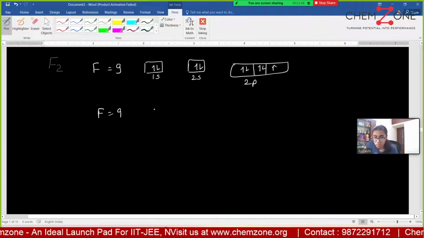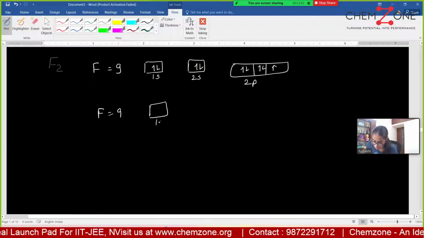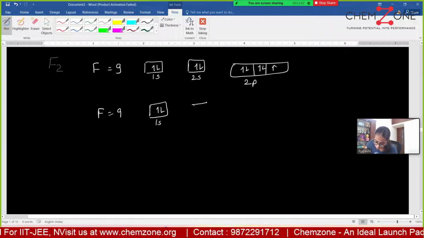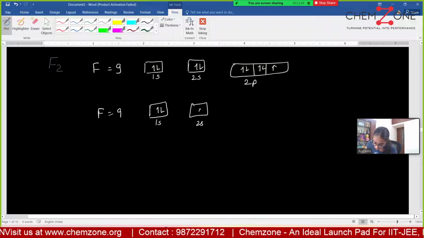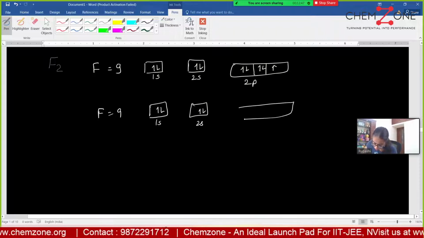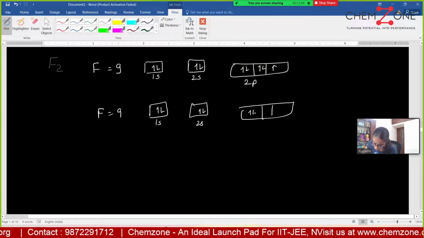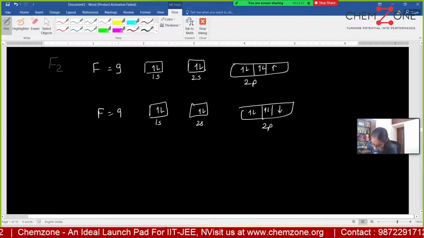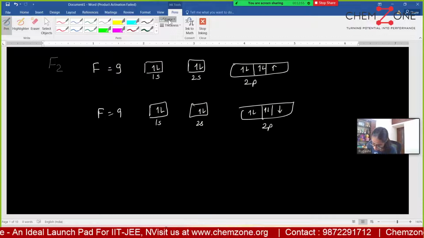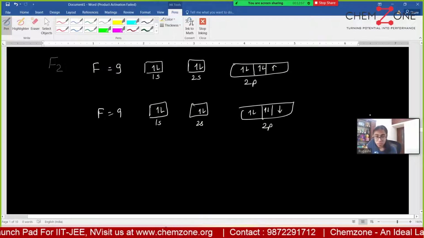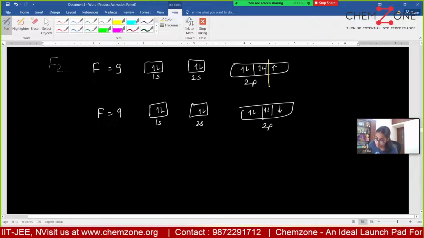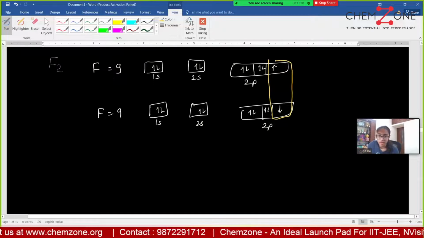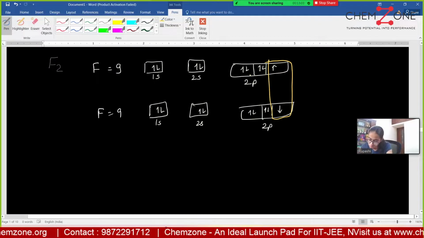Second fluorine, atomic number 9: 1s2, 2s2, and 2p5. The unpaired electron orbital overlapping will take place. Can I see that? Yes, sir. Just a second, please.